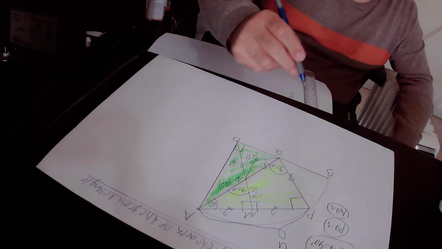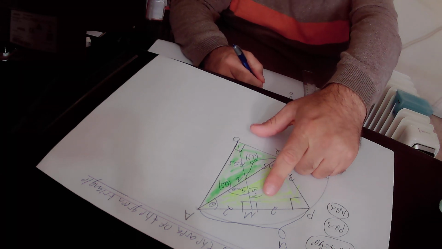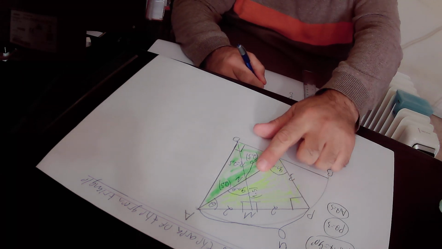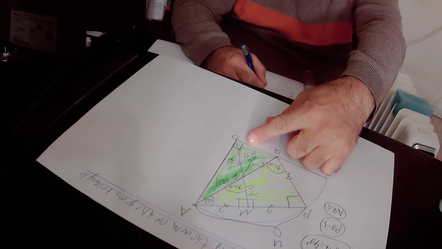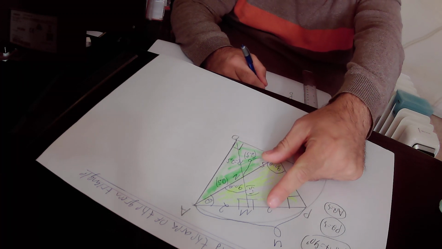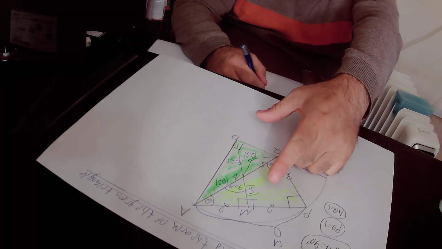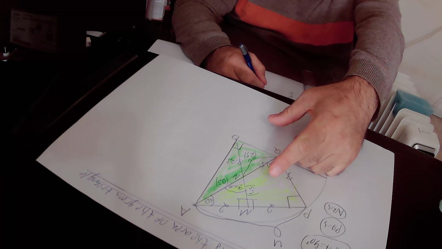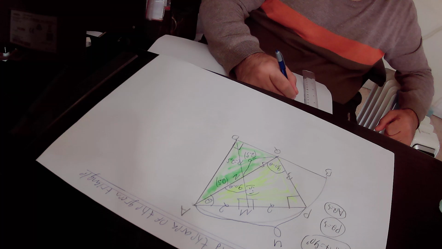Side MA equals 2 units in length. Side MO equals MN plus NO. MN equals 1.5, NO equals 2.5. So MO in total equals 1.5 plus 2.5, that is 4. So MO equals 4.